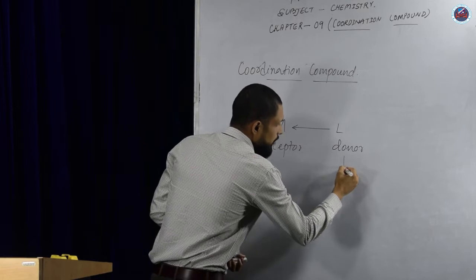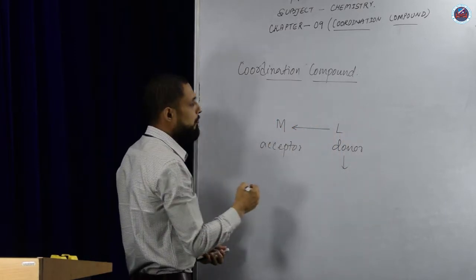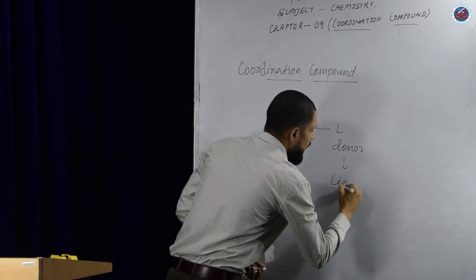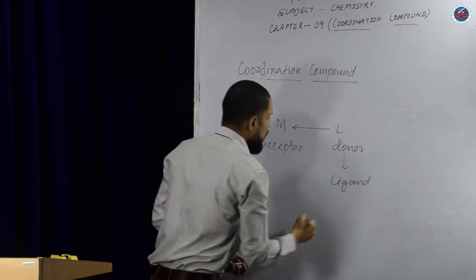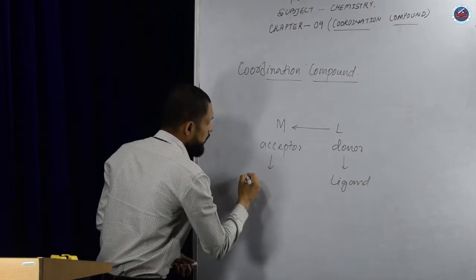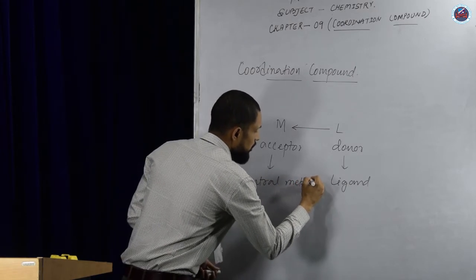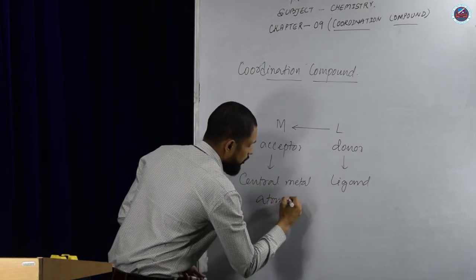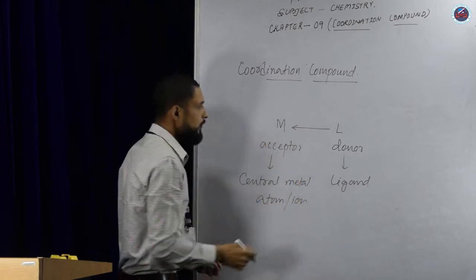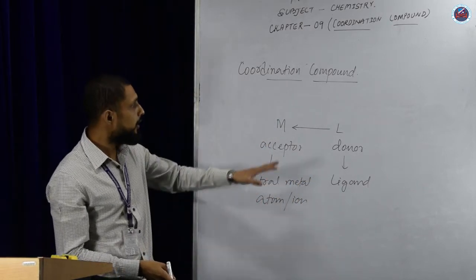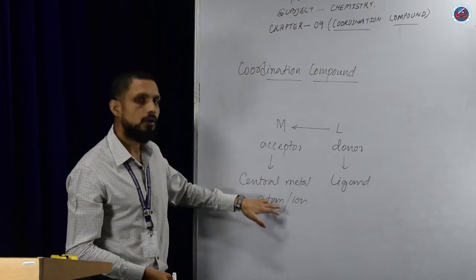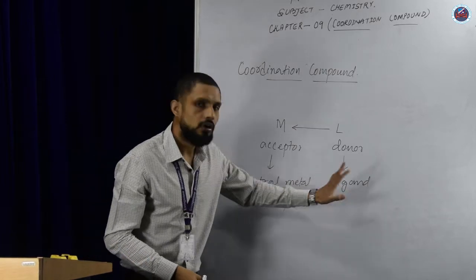Donor in coordination compound is known as a ligand, whereas acceptor is known as central metal atom or ion. So next we'll study central metal atom or ion and ligand.